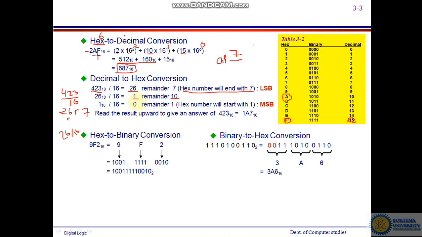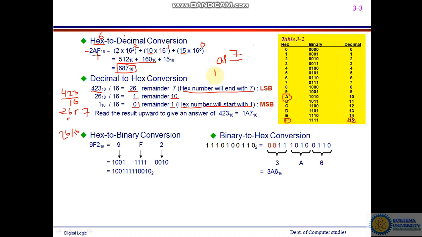All right, so here we are going to get the 1, which was our result, divide it by 16, and then we shall get an answer 0, remainder 1. So whenever you get an answer 0, that means the remainder is going to be the beginning of your hexadecimal value.